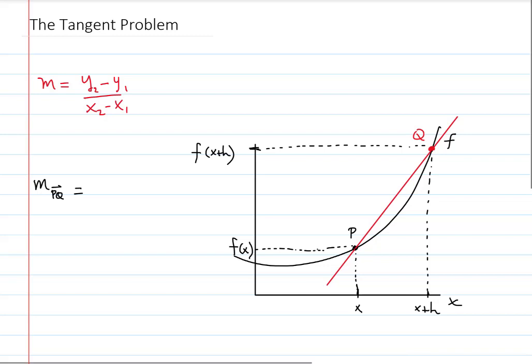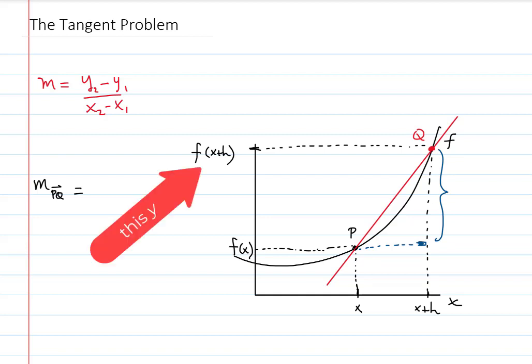Let me mark this here, and if you form your triangle there, this distance right there would be this y minus that y. So we'll have f of x plus h minus f of x.